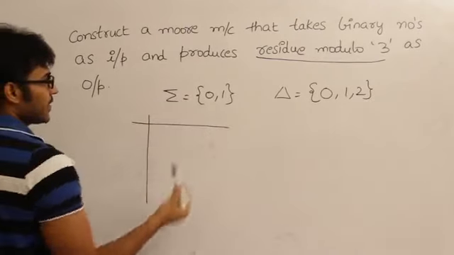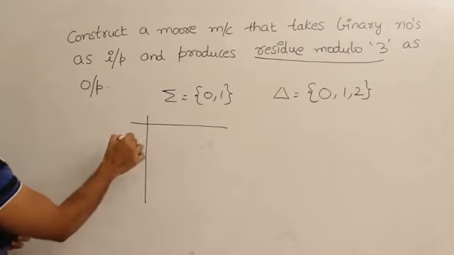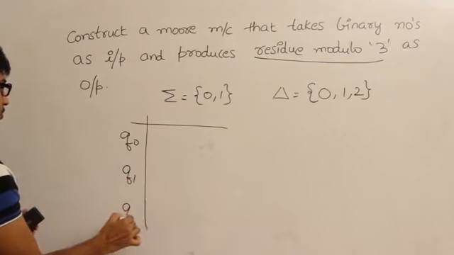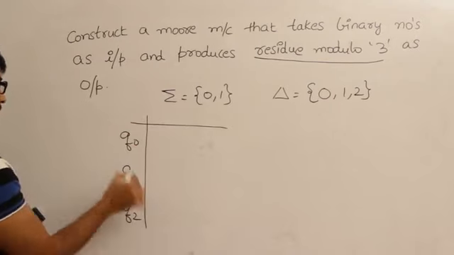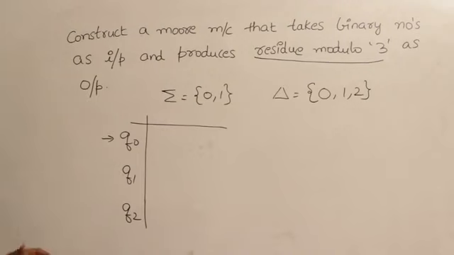Whenever I say a number has to be divisible by 3, the number of states is 3. Let us say Q0, Q1 and Q2. Q0 corresponds to the state where the remainder is 0, Q1 corresponds to the state where the remainder is 1, and Q2 corresponds to the state where the remainder is 2. I have told you how to draw this.